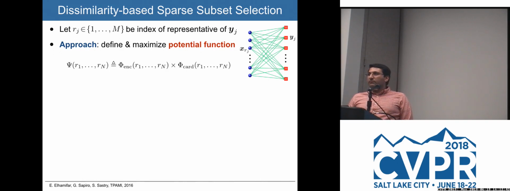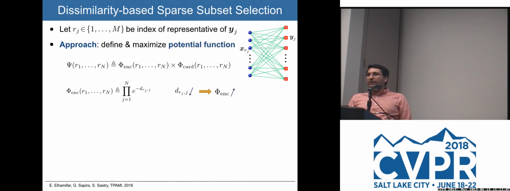So what is the right potential function? The way we define it, it should incorporate how well the set of representatives encodes my target set, and also we want to minimize the cardinality of this representative set.